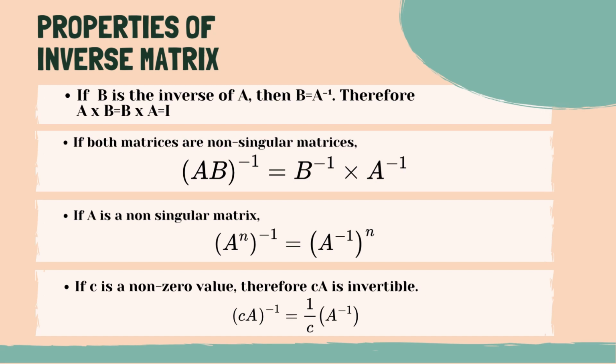If C is a non-zero value, therefore C times A is invertible. Therefore, we have inverse of C times A equals 1 over C times inverse A.